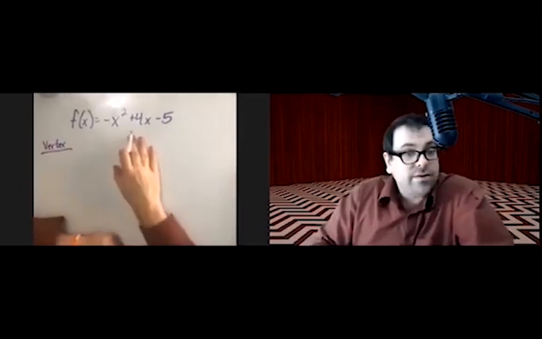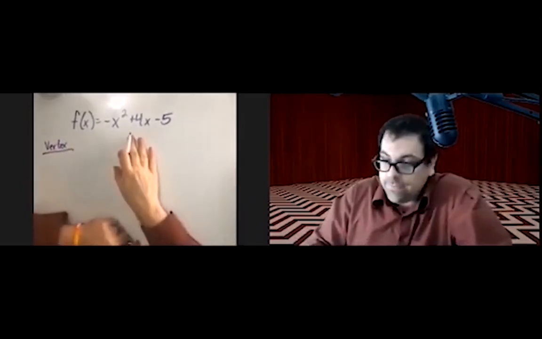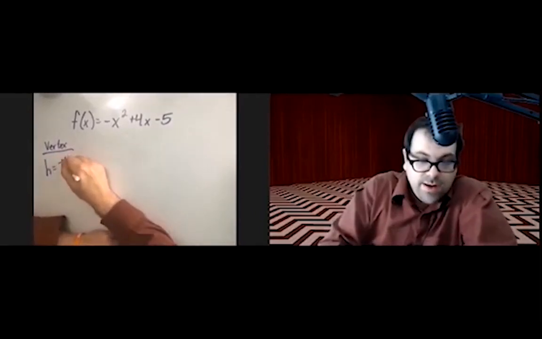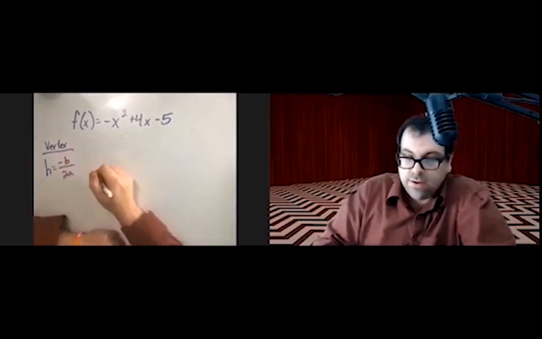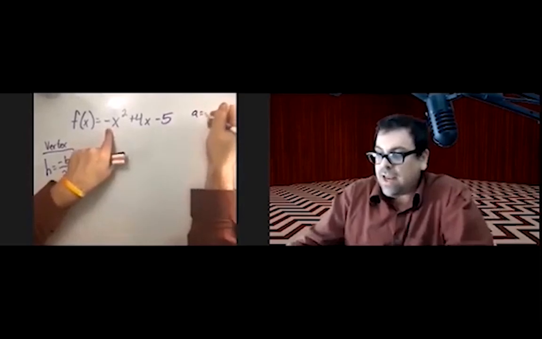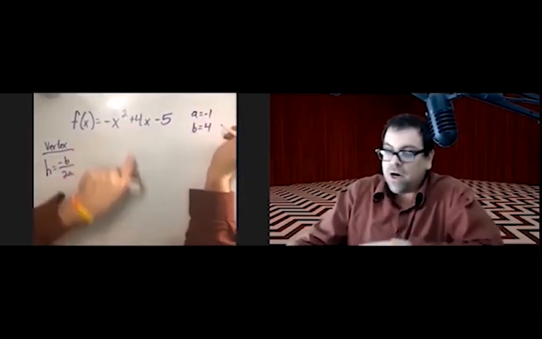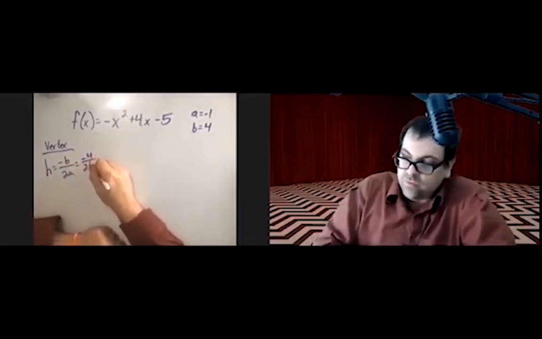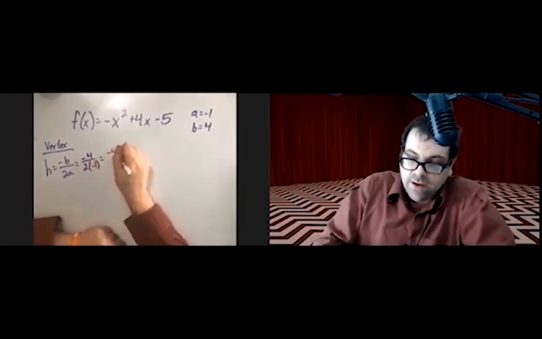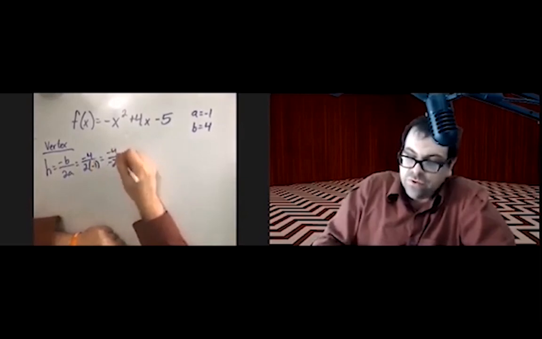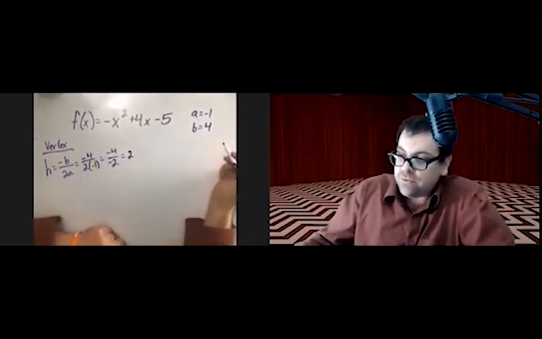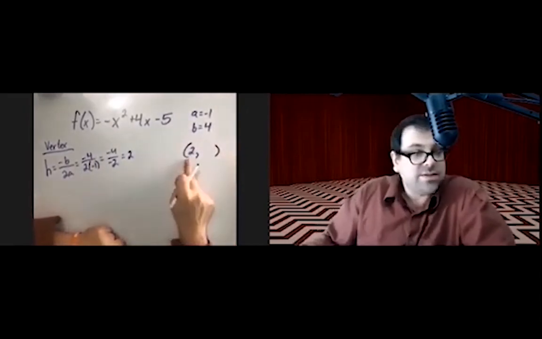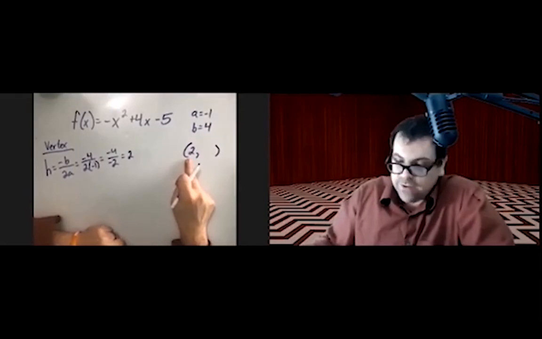Well, it's not in vertex form, so we'll use the vertex formula, negative b over 2a. Here, a would be -1. b would be +4. So the opposite of 4 over 2 times -1. That's -4 over -2, which is +2. So far the vertex has a +2 for the x value.